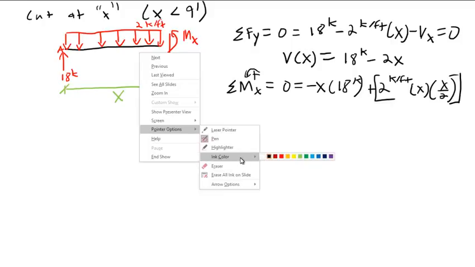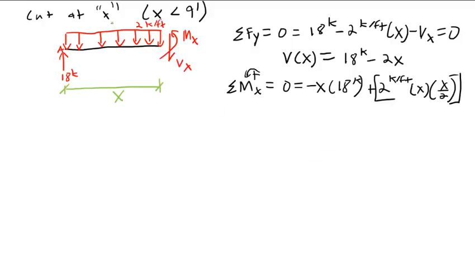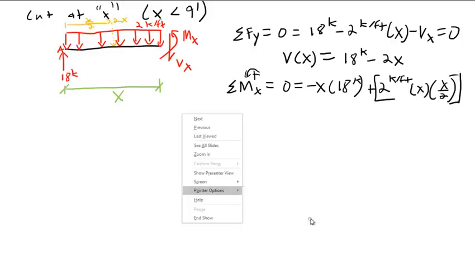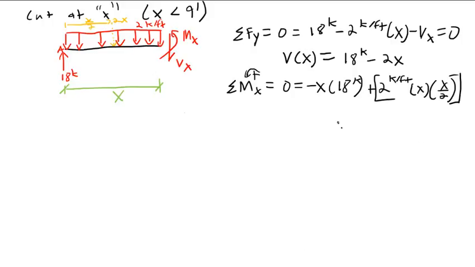In other words, the equivalent point load of this distributed load is 2x, and the distance is x over 2. All right, and then plus Mx is equal to 0. And if we solve for Mx, we will get that M of x is equal to 18x minus x squared.